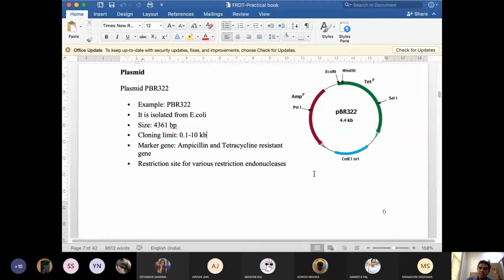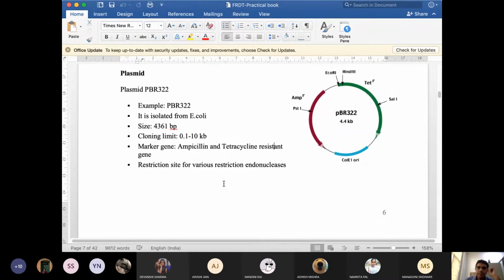Marker genes: you also have marker genes in it, ampicillin and tetracycline resistance. These two are antibiotics. If these genes are present on your plasmid and you transfer this plasmid, then that cell is going to survive in the presence of these two antibiotics, ampicillin or tetracycline.